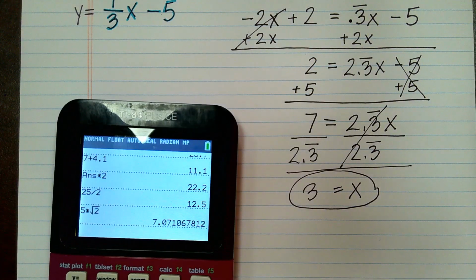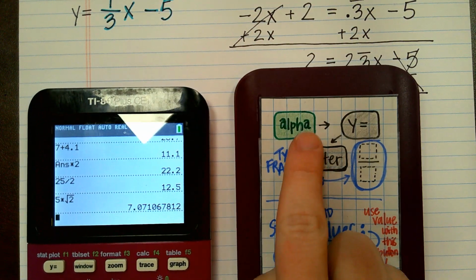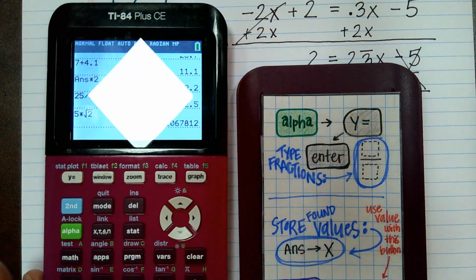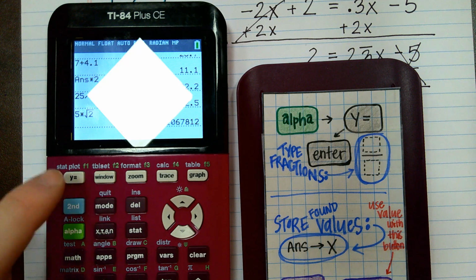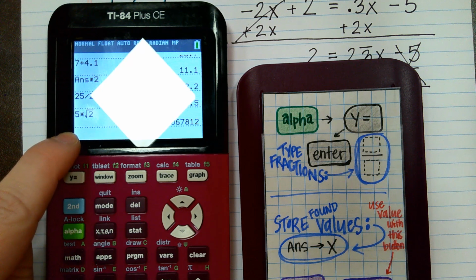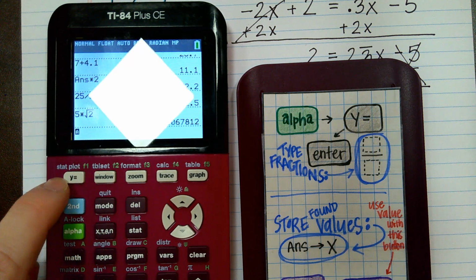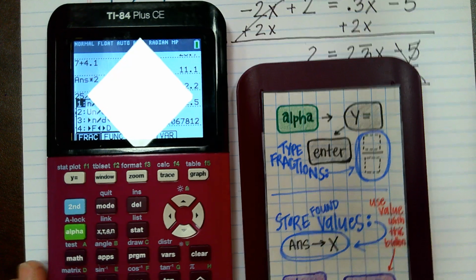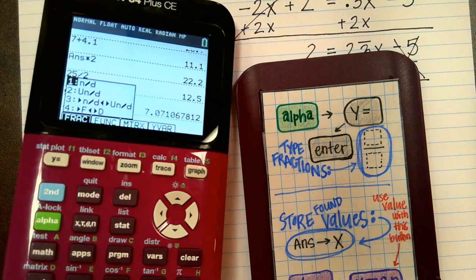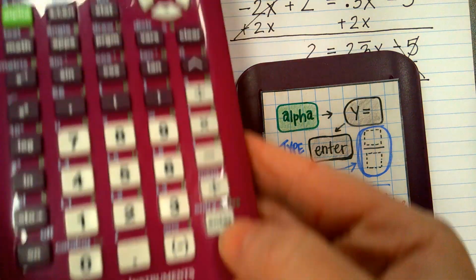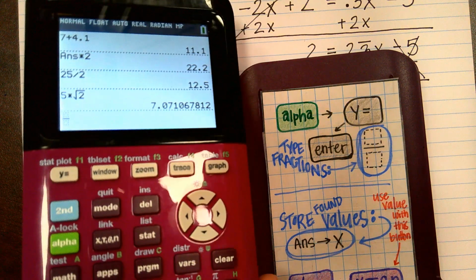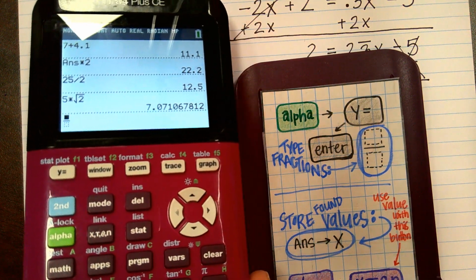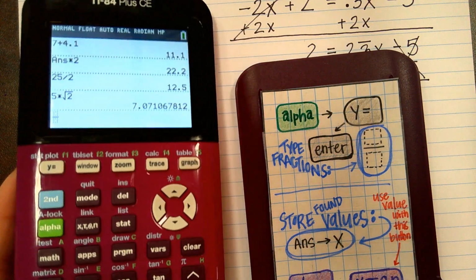But to make a fraction, this is how to do it. You hit the green alpha button, and you'll see the little A pop up on your screen. Then you hit Y equals, which is at the very top under the screen to the far left. You'll see a little menu come up. Then you hit enter, and now you have two little boxes where you can type a fraction in.